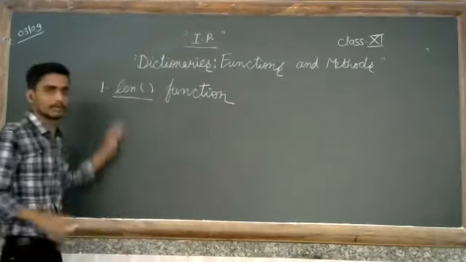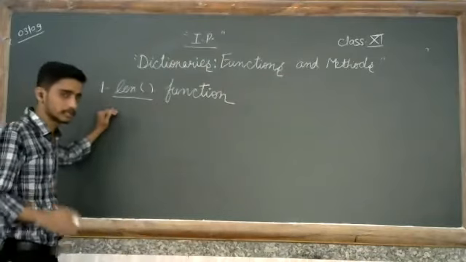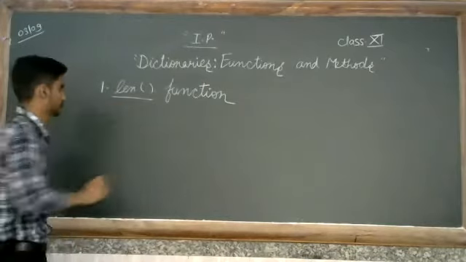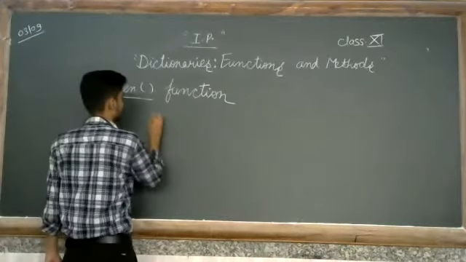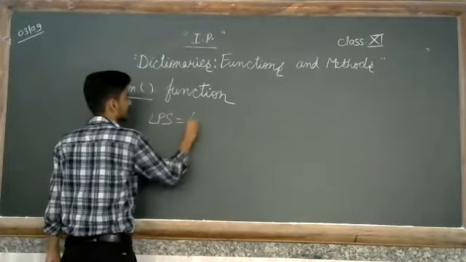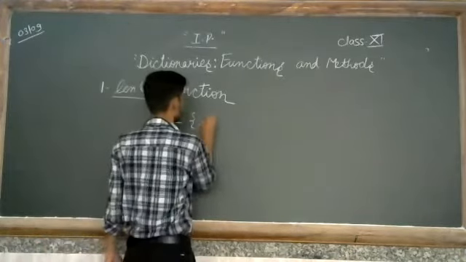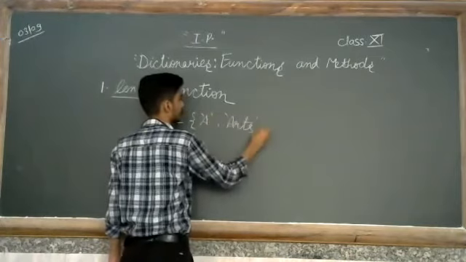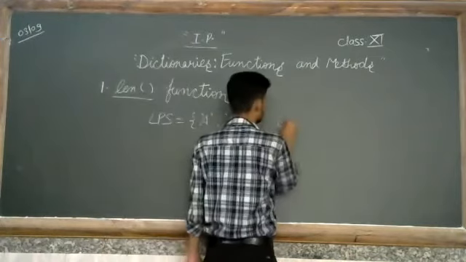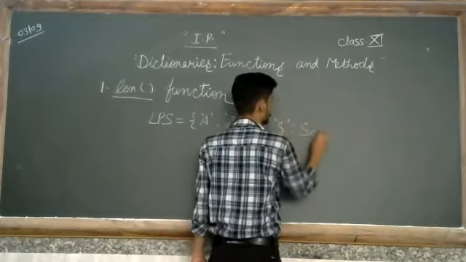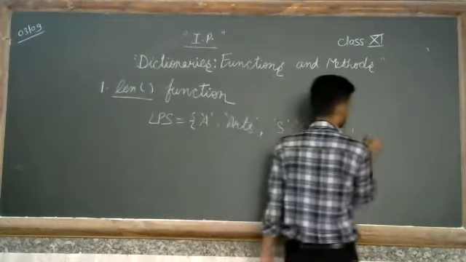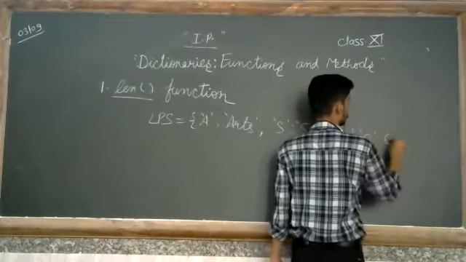Len function. As the name suggests, it will return us the length of a dictionary. Supposing we have a dictionary named LPS, in which A to arts, S to science, and C to commerce.